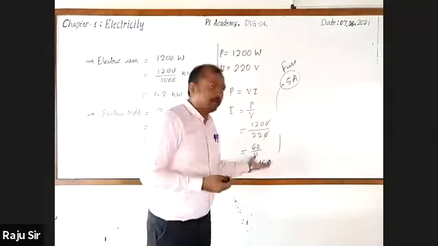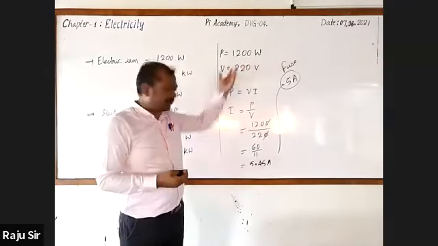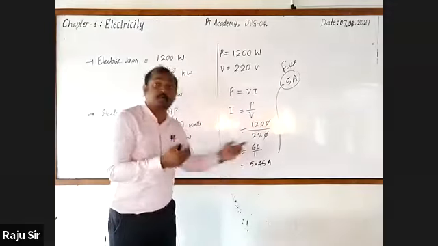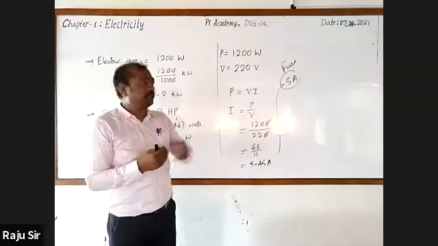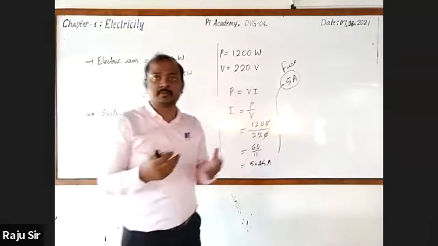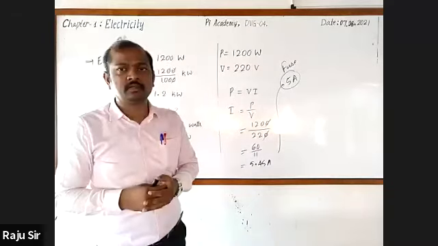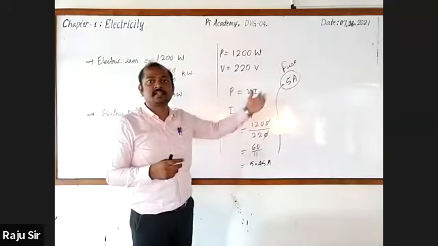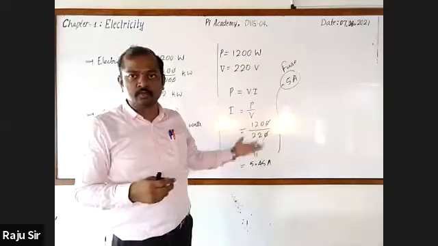Now if we connect the component, it is able to draw a current of 5.45 amps. If I now use a fuse of rating 5 amps, will it work? No, sir, it's not possible. Hence we have to use more than this: 6 amp, 7 amp, 10 amp, like this we can use.